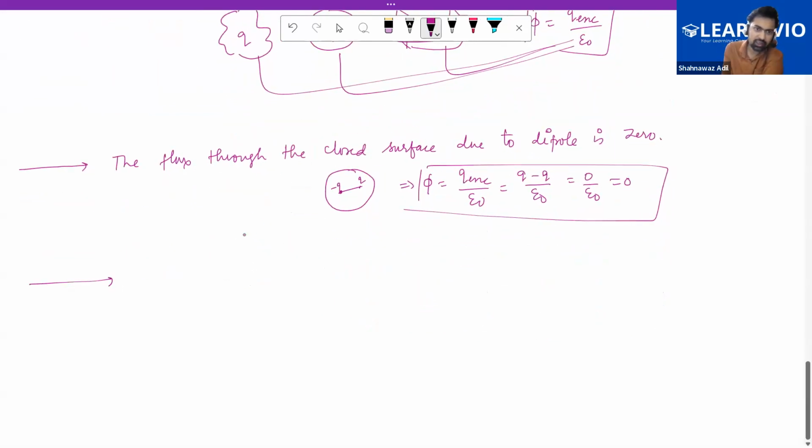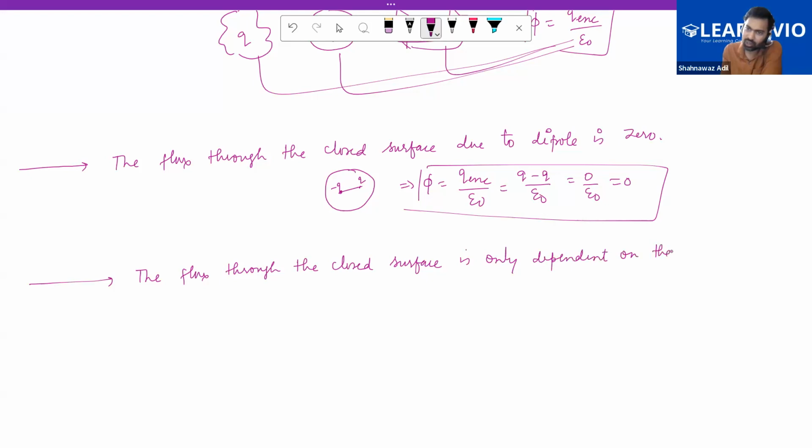And the third point is that the flux through the closed surface is only dependent on the charge inside the surface.